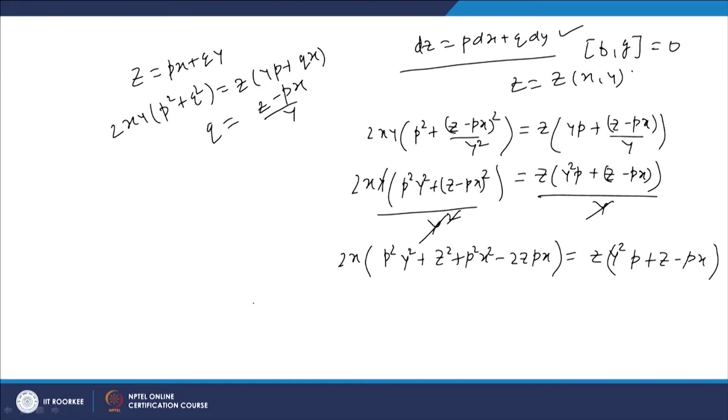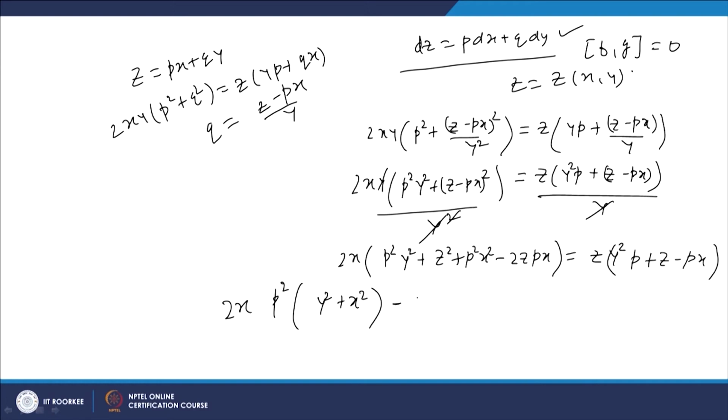Now, let us calculate the coefficient of p square here. Taking 2 x common, what will we get? Here we will get y square, and here we have x square. Is there any other term? No, we do not have any other term. Now, let us calculate the coefficient of p here.